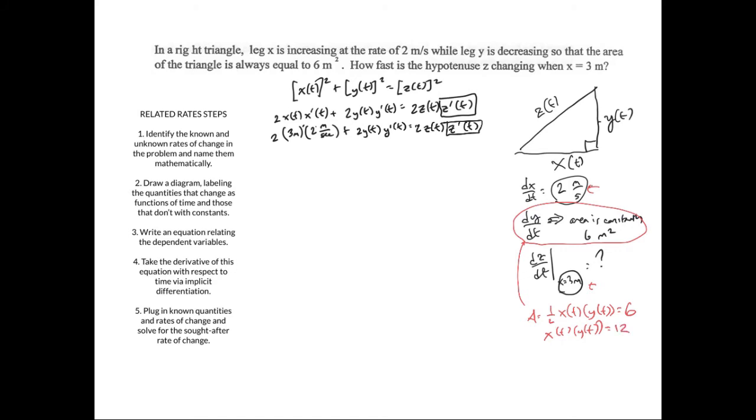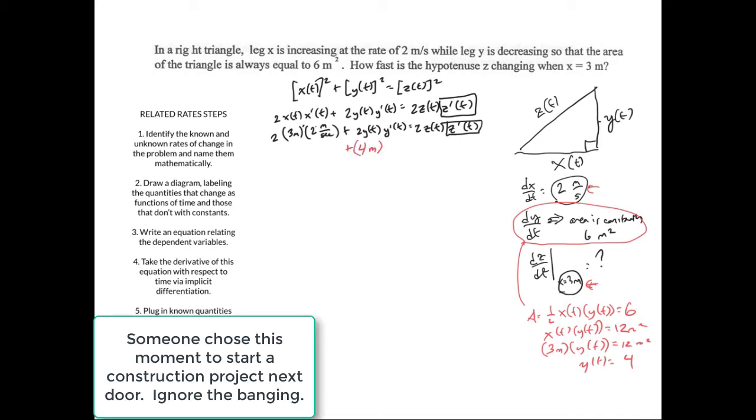And if I look at the instant that I have, where x is 3 meters, and I plug that in here, then I can find that at that instant, my y of t is 4. So I'm going to go ahead and stick that in here. Left my 2 off.